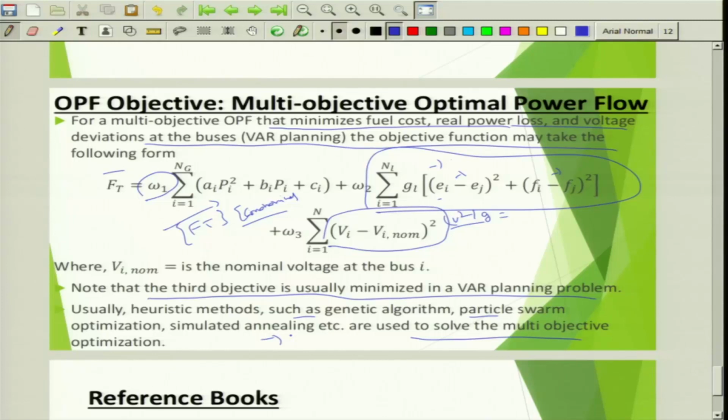PSO is one of hundreds and thousands of heuristic methods, but with heuristic optimization the solution may not be trivial. For a set of constraints and variables that you consider, each heuristic algorithm may give different results altogether.